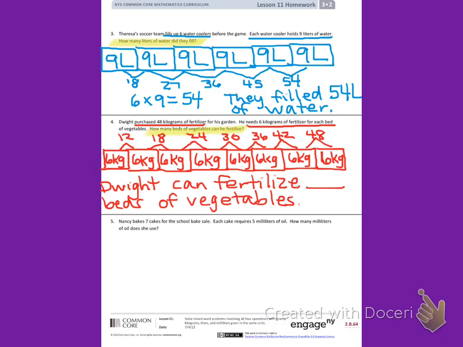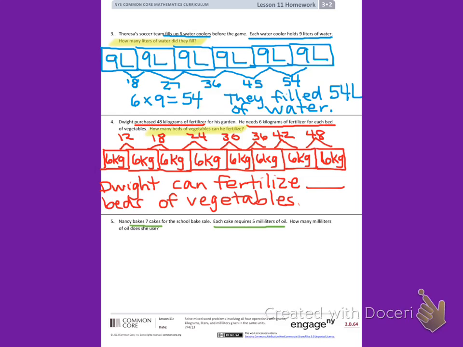Finally, for problem 5, it says, Nancy bakes 7 cakes for the school bake sale. Each cake requires 5 milliliters of oil. How many milliliters of oil does she use? Let's underline the important details that she bakes 7 cakes, and each cake requires 5 milliliters of oil.